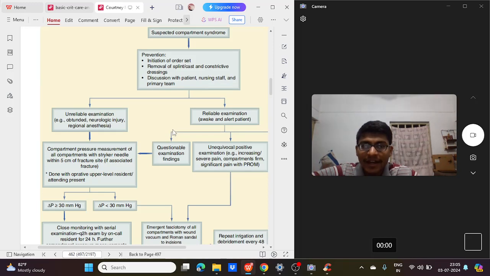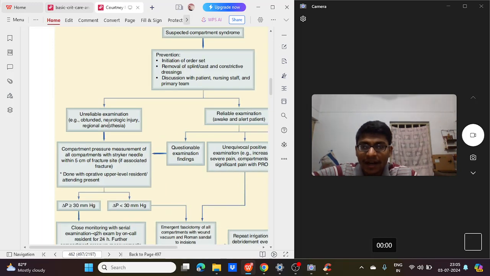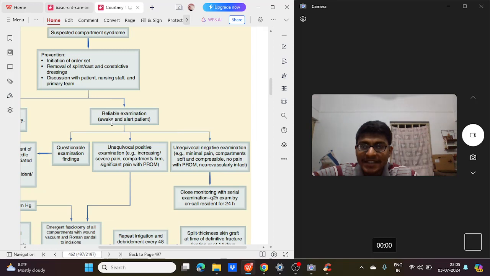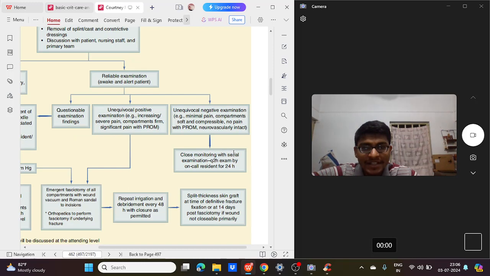Then if we have a reliable exam, that is, the patient is awake and alert, and there are negative findings like minimal pain, compartment soft and compressible, no pain on passive range of movement, and neurovascular status intact, we'll go ahead with close monitoring with serial examination every 2 hourly by the on-call resident.